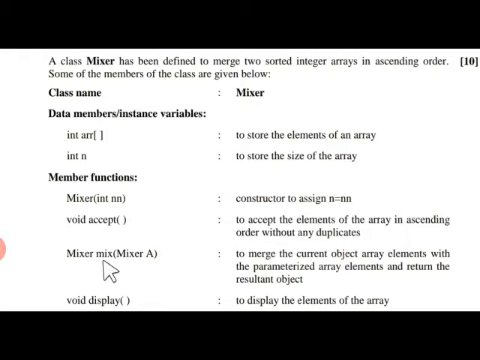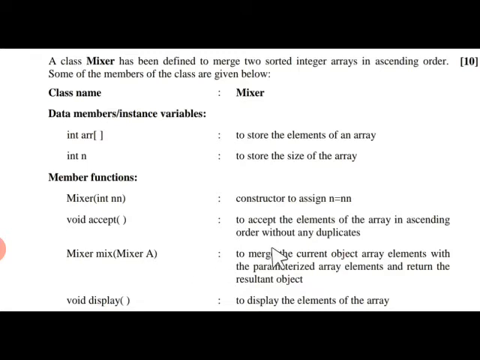After that, the name of the function is mix. So Mixer is the return type, mix is the name of the function. Now it has one parameter, and there again you see the class name is specified, and after that object name A is there.